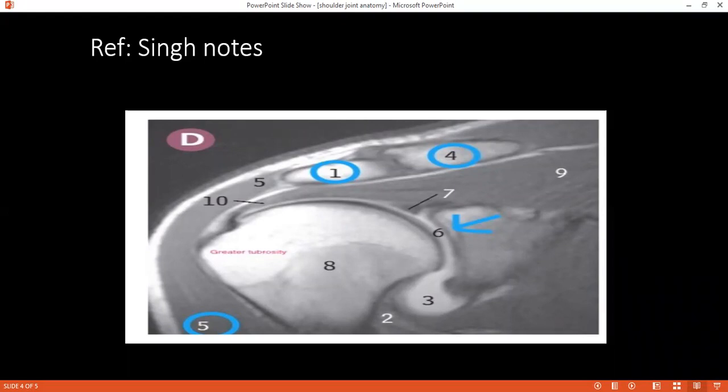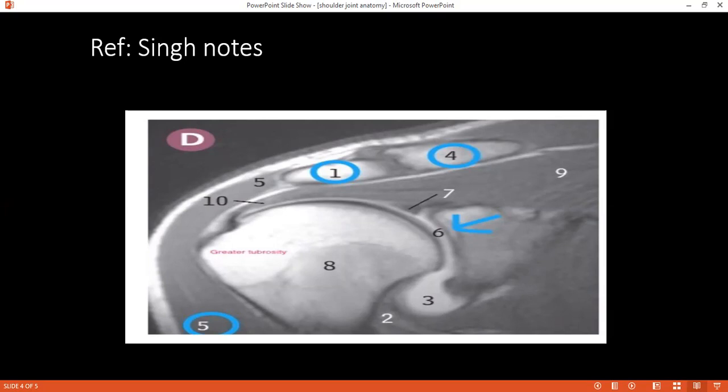Yes. Okay. Can you please tell me at what points you can check the reflexes of the upper limb? There are mainly three reflexes: the biceps, triceps, and the supinator. Biceps, we check on the biceps tendon in the cubital fossa, and triceps, we check on the triceps tendon by flexing the elbow 90 degrees.